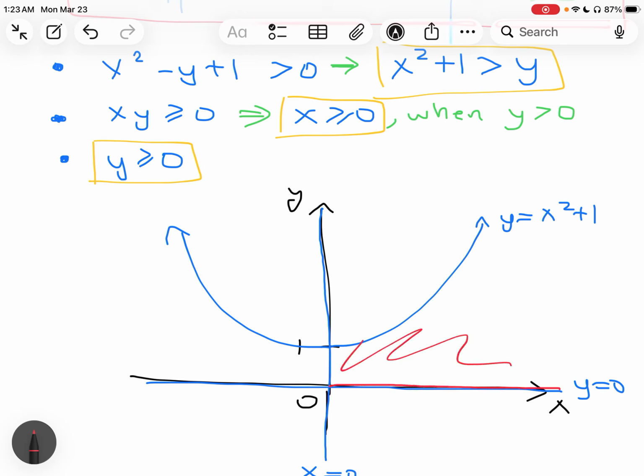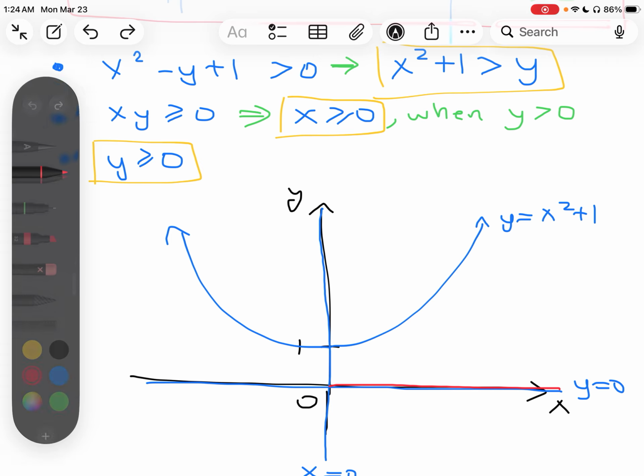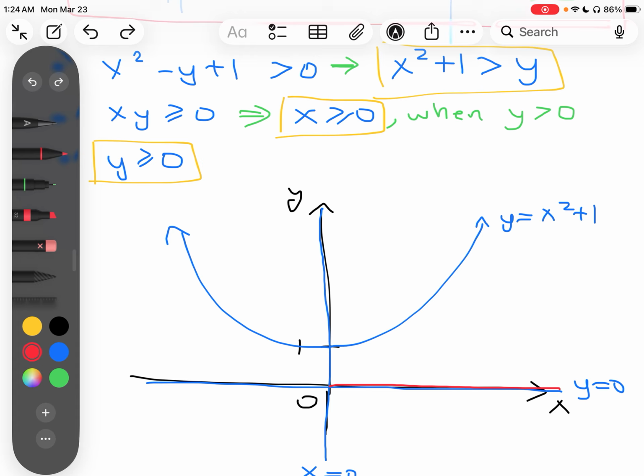And x is greater than or equal to 0 is anywhere to the right of this line. And then y is less than x squared plus 1, so it has to be underneath the parabola. Maybe I'll draw it in 3 different colors so we can see, and I'll erase everything later.